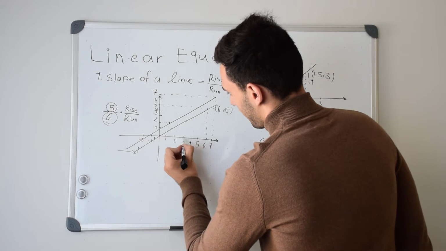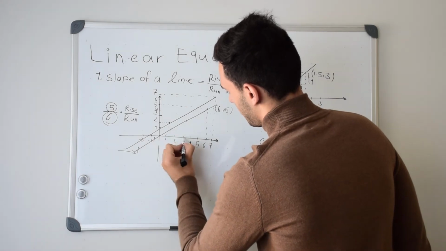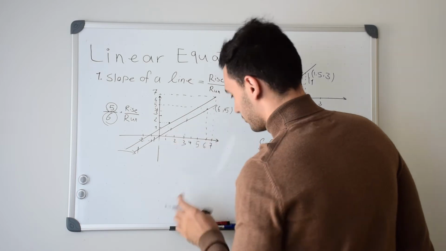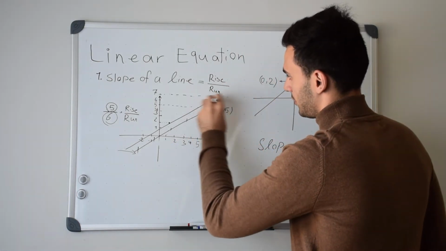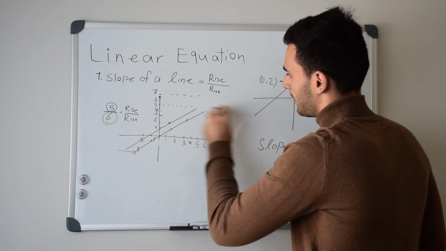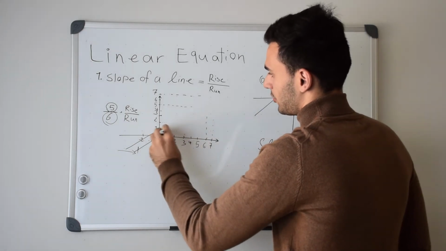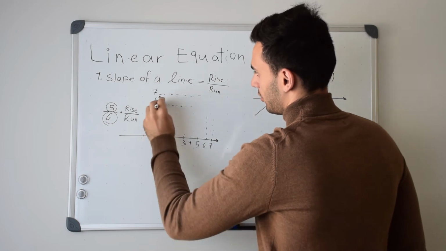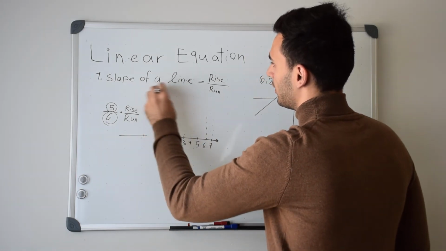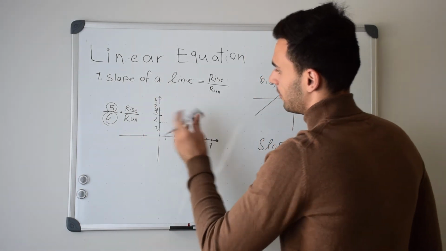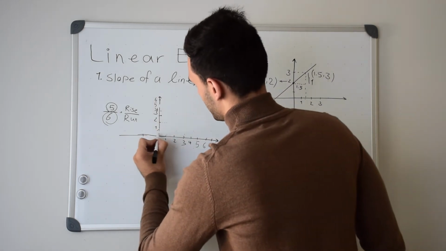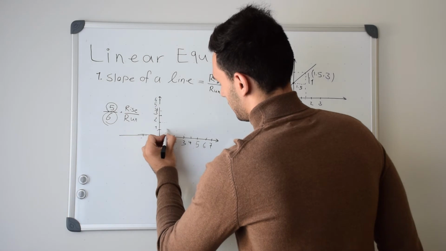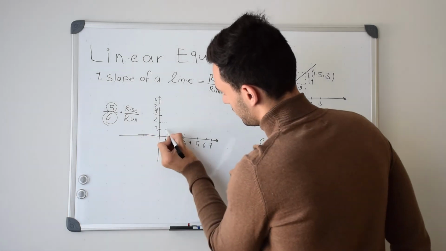For example, we have here 3. Let me draw a new line here, because this is not a good example for that. I'm going to draw a new line and show you that the segments are not important. One line has the same slope in all the segments. Okay? Here, let's say that's our line.